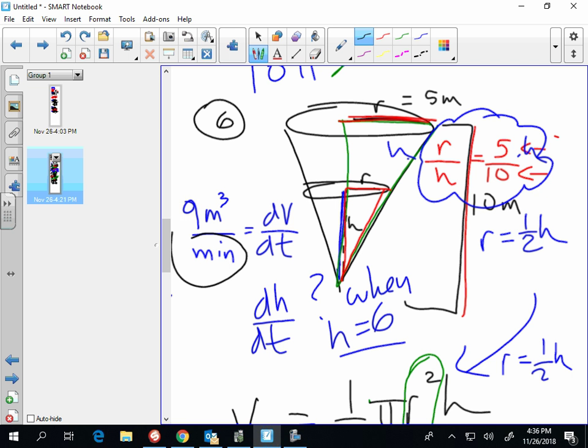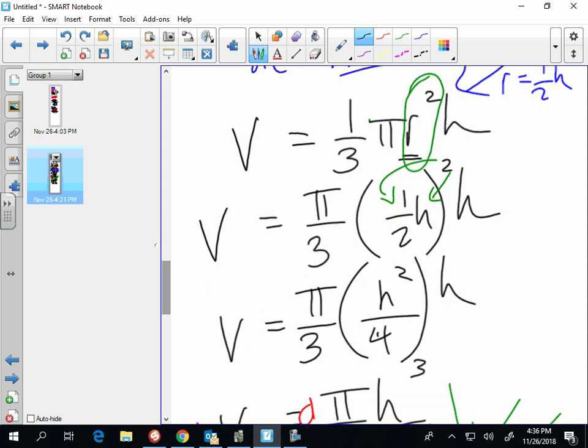They wanted to know the change in the height with respect to time, or dh/dt, when h was equal to 6. Now, here, it was no problem for me to come up with a relationship between them, but I got scared when I saw, uh-oh, this volume is in terms of two different variables. And I really didn't want to take the derivative until I had volume in terms of one variable.